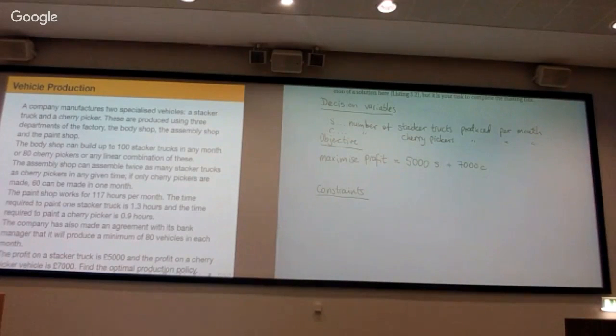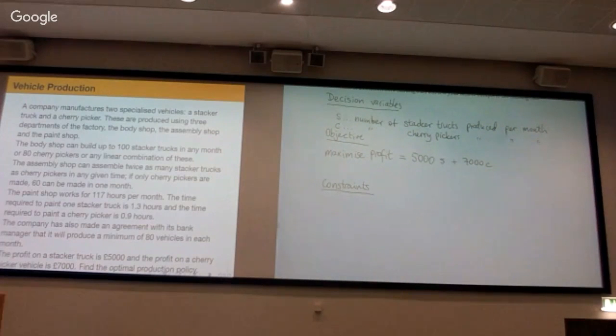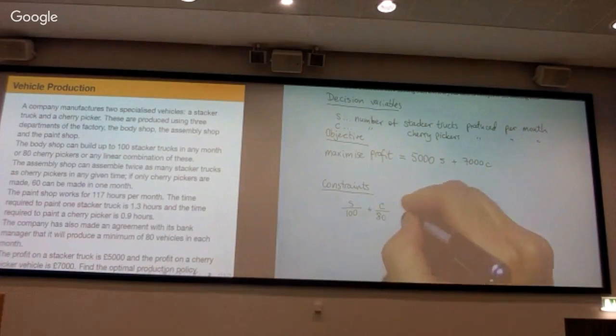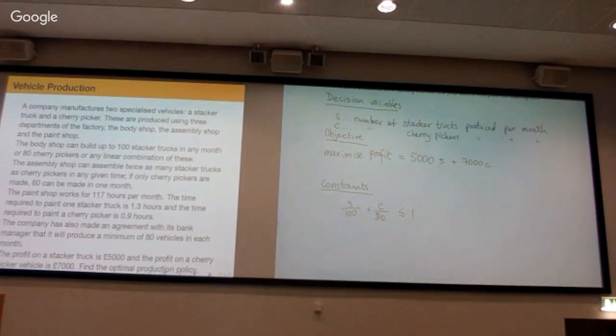You can't do both. So one way to write this constraint is perhaps quite tricky the first time you see it. So you divide S by 100 and C by 80, and this can't be more than 1.